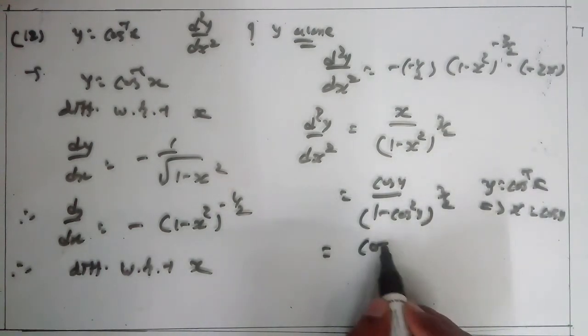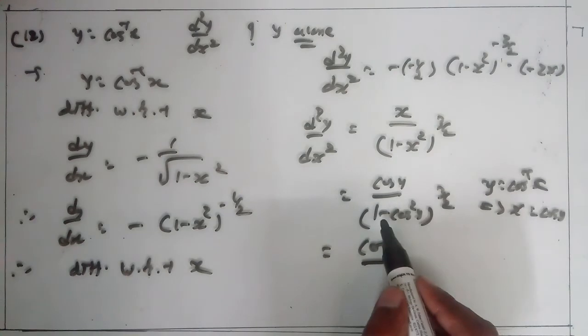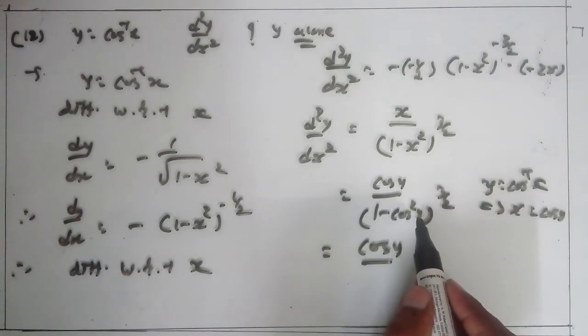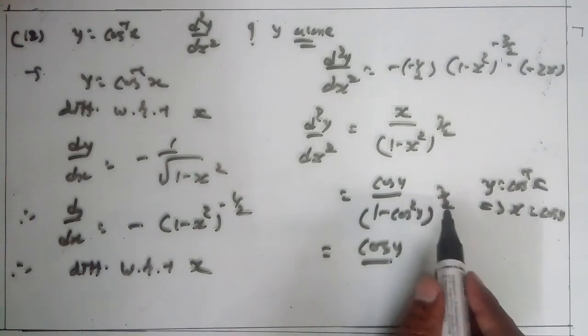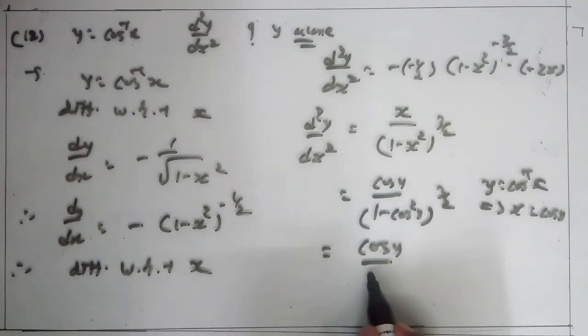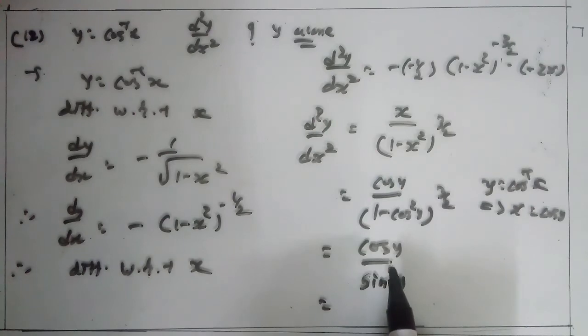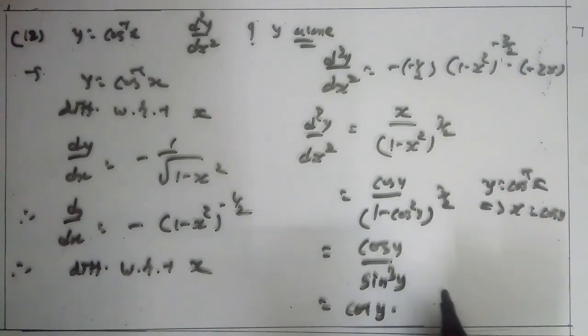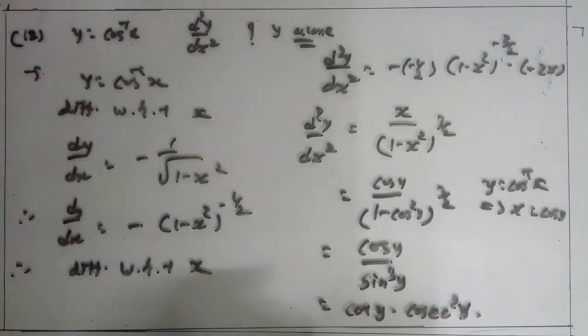So it is equal to cos y upon (1 minus cos square y, that is sin square y) raised to 3 by 2, so it becomes sin cube y. Clear? So it is equal to cos upon sin, which becomes cot y, into 1 upon sin square, which becomes cosec square y. This is the answer. Clear?